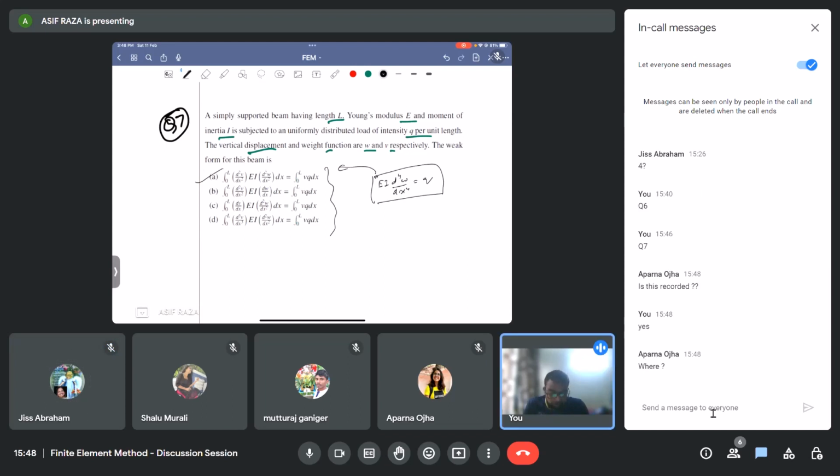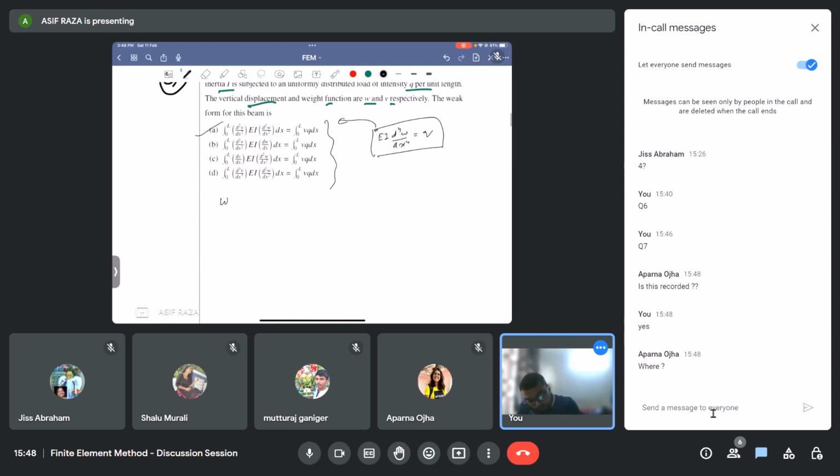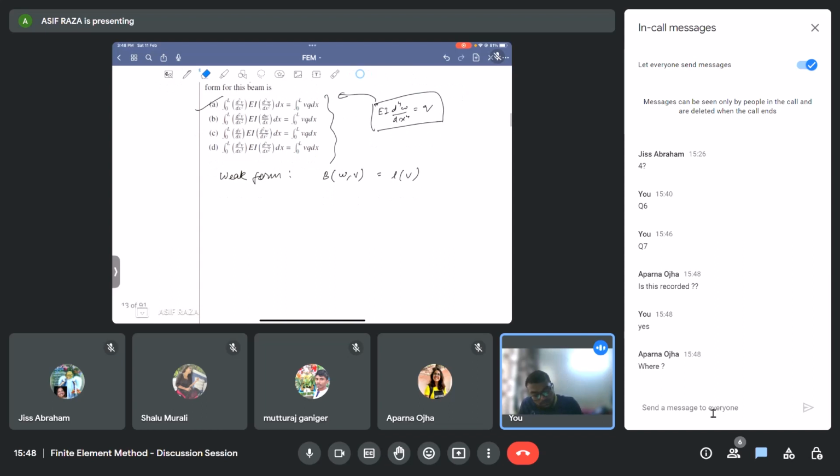This can be the weak form. I can write it in some other way also. That weak form is written like this. With regards to the question, we have B(w, v) equal to L(v). Okay, I can write v, w.